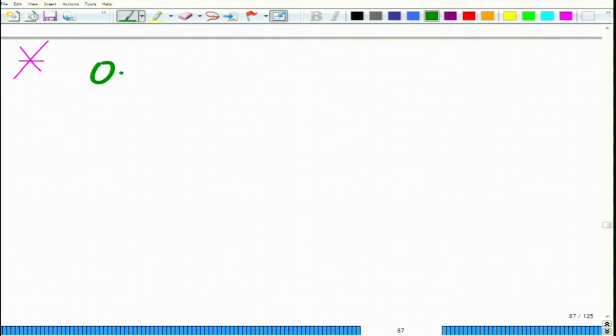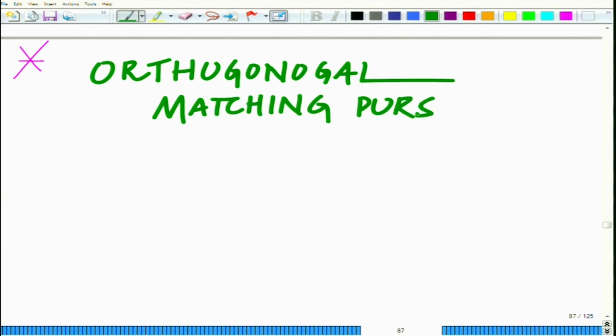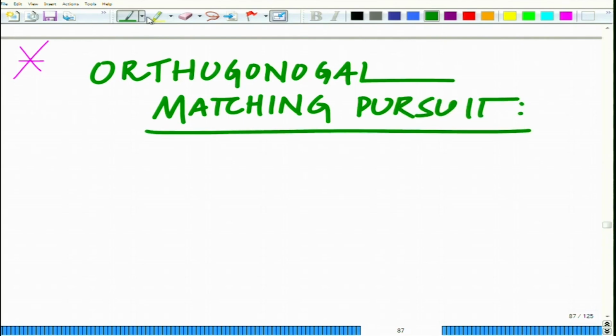Okay. So, we want to start looking at one of the schemes for solving for sparse signal recovery. This is known as orthogonal matching pursuit, also abbreviated as OMP.